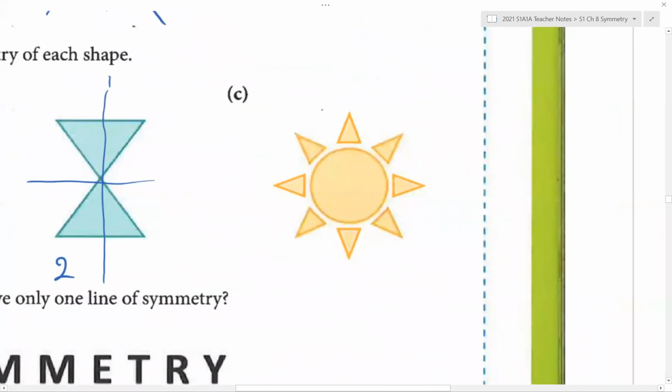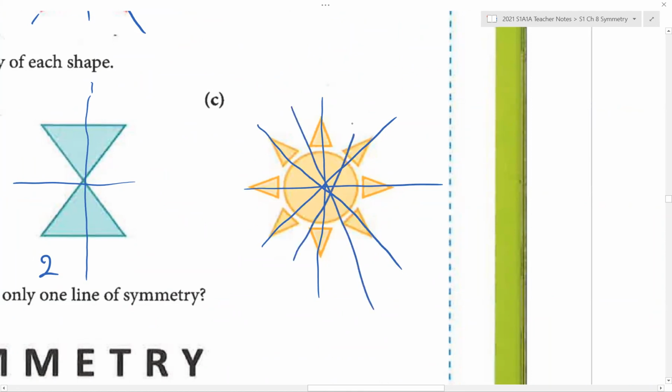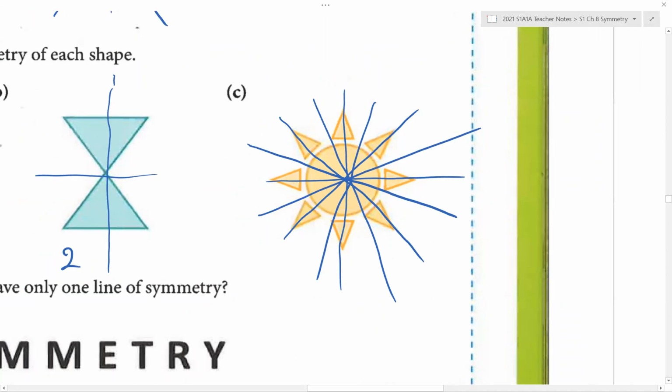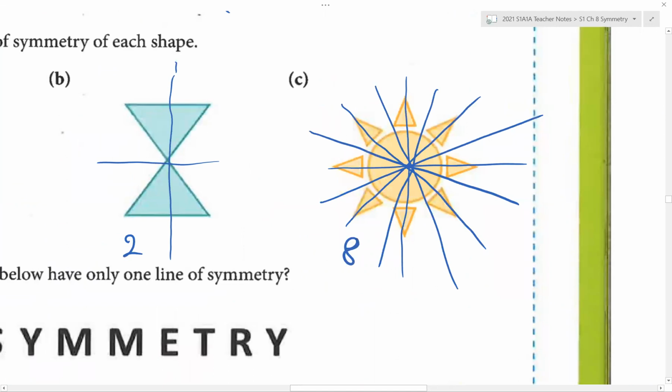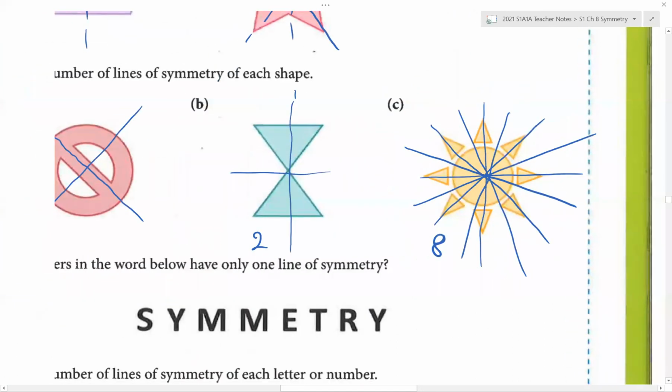Okay, so these are 1, 2, 3, 4. Where are the other 4? Here. 5, 6, 7, 8. In between the triangles, also considered. So we got 8 over here.